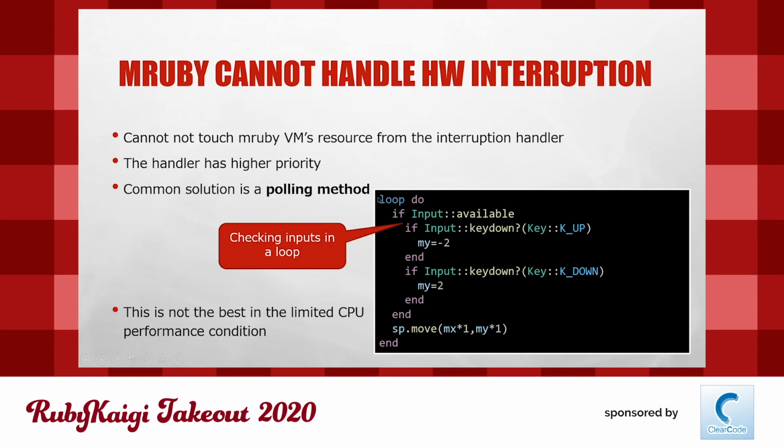You can see the input API to check whether the key is pressed up or down. We need to check in this loop. This is not the best way to check the key input. It wastes CPU performance.